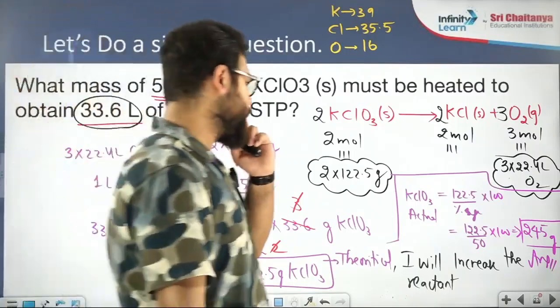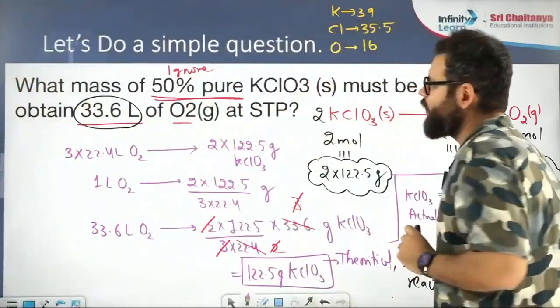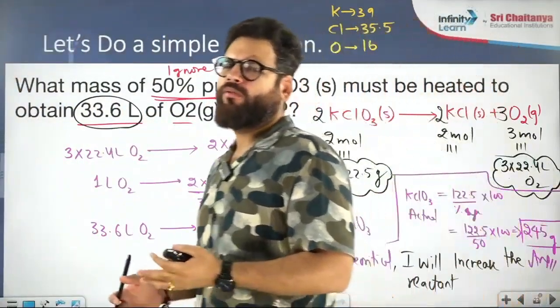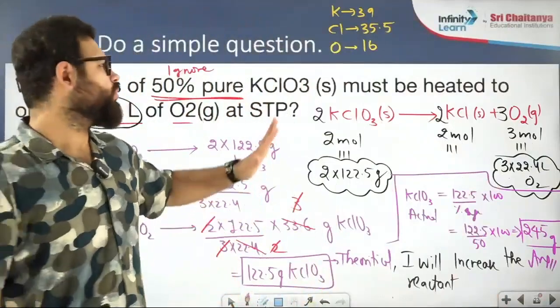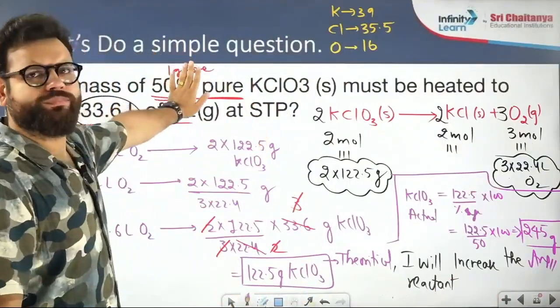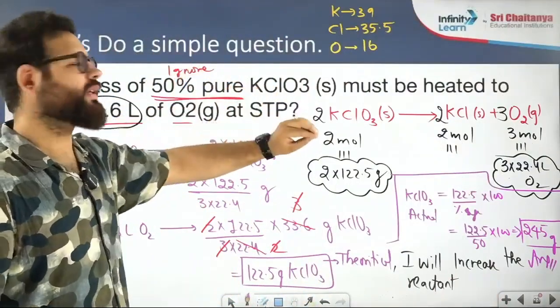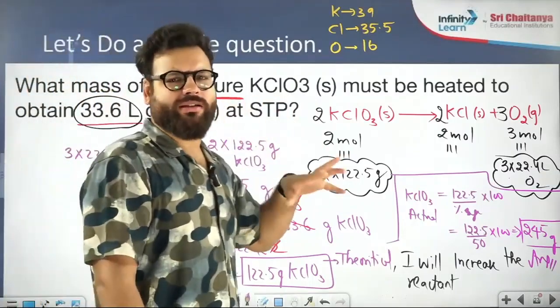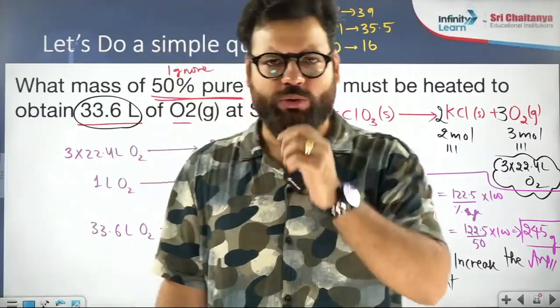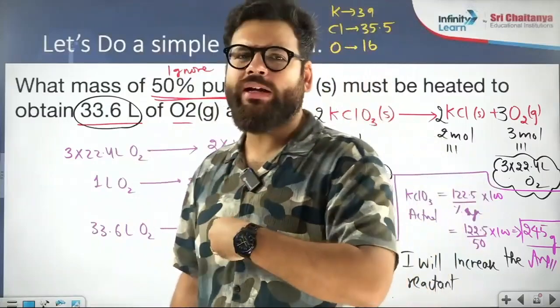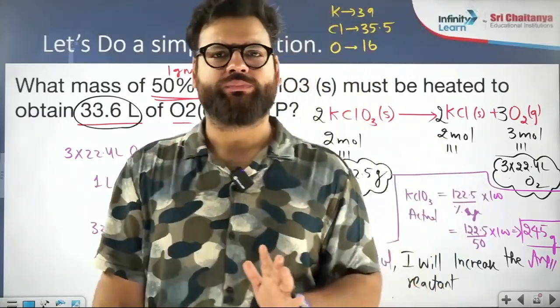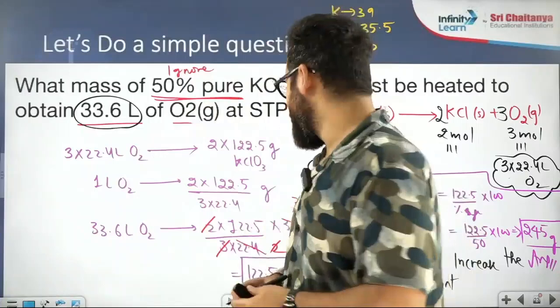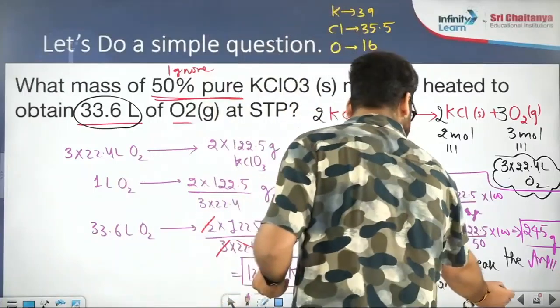Again, all of you listen carefully. It's a simple question. You don't look at the percentage given. How much KClO3 is required to produce this much O2? You found out that I need 122.5 gram KClO3.